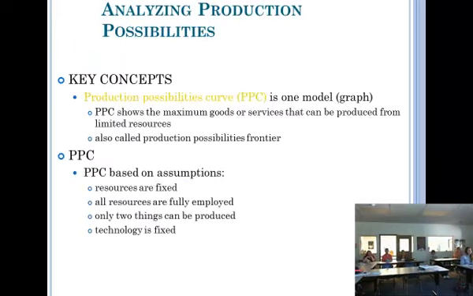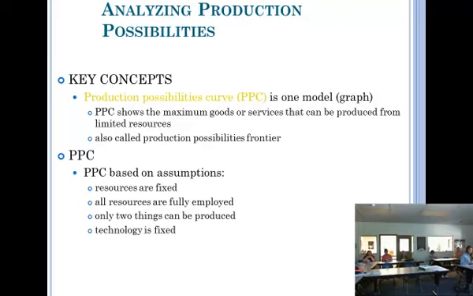The production possibilities curve, the PPC, is something that is very common, and you will need to be able to identify these on a quiz. Hint, hint, wink, wink. It's also referred to as the production possibilities frontier. You'll see these two used interchangeably. It's based on these assumptions. I'm going to have this really awesome teacher teach you.